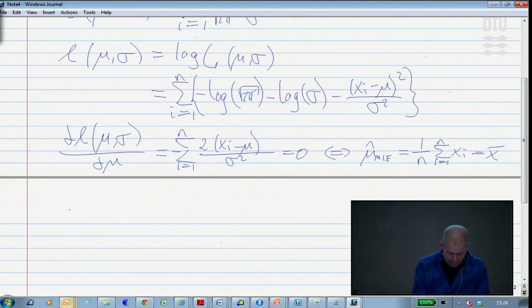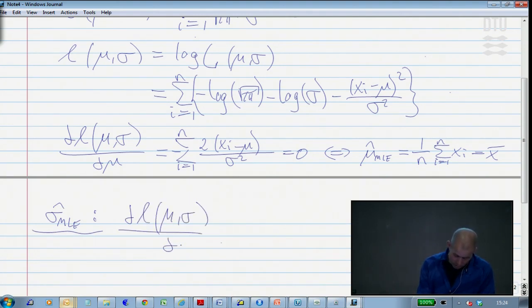What is the maximum likelihood estimate for sigma, sigma MLE? Let us have a look at that. Well, we take the derivative of this one with respect to sigma, and we have a couple of terms now to look at. Again, this term disappears. This term becomes, I maintain the sum in the first step.